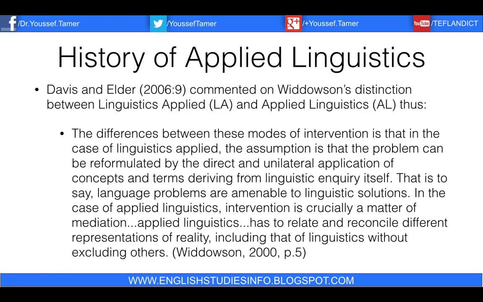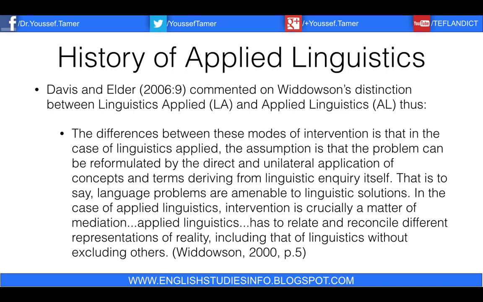Another point that we need to focus on regarding applied linguistics is this idea of distinguishing. Some people wanted to distinguish between two kinds of applied linguistics. Like with Widdowson, for example, with Widdowson's distinction between linguistics applied and applied linguistics.